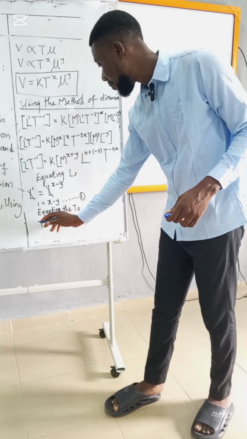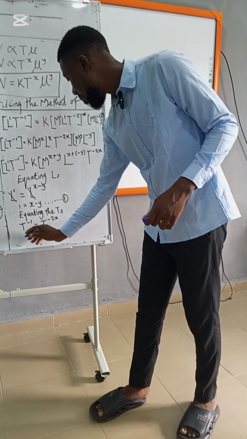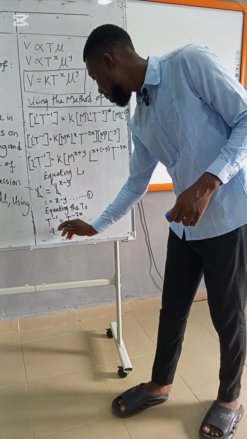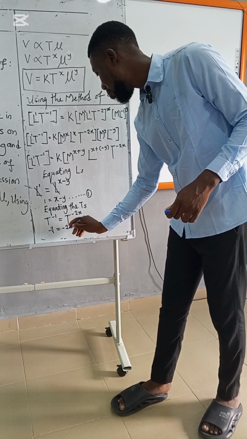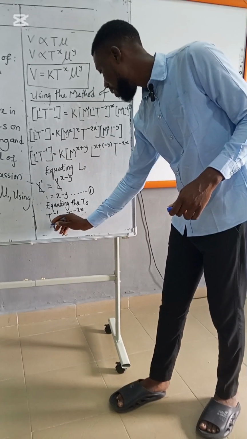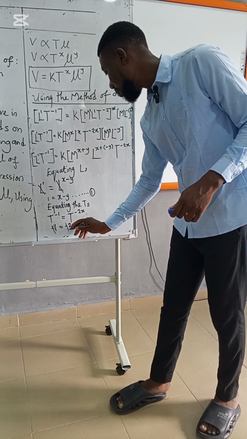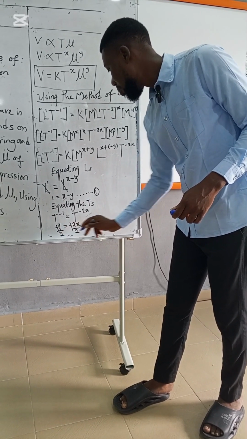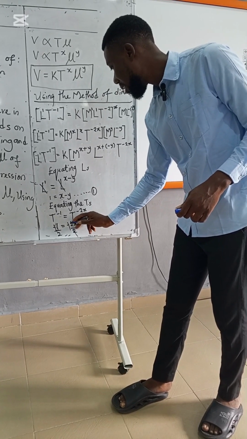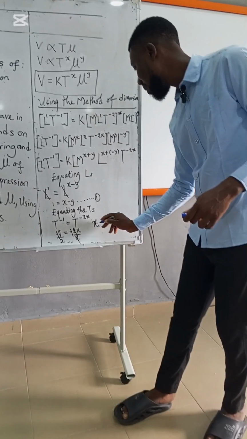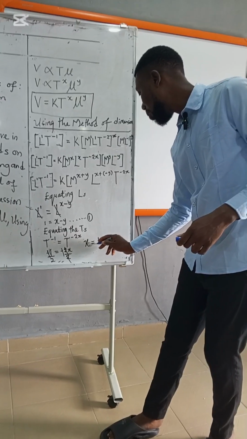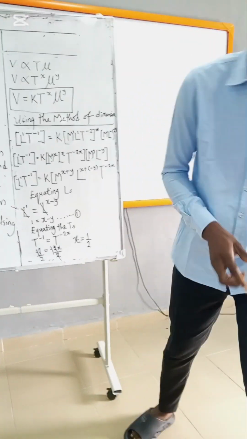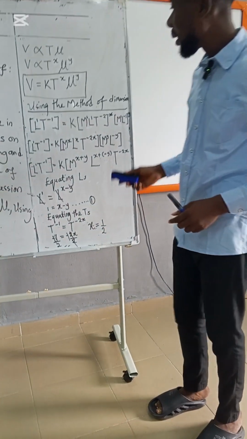Since they are of same base, we work with the power. So we have minus 1 is equal to minus 2x. Minus will take out minus. Now divide both sides by the coefficient of x, which is 2. So this 2 will take out this 2. So x is equal to 1 all over 2.